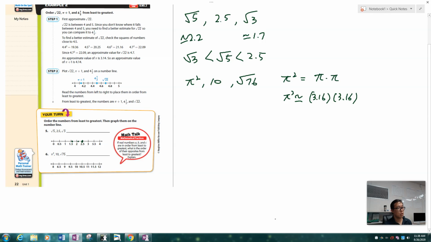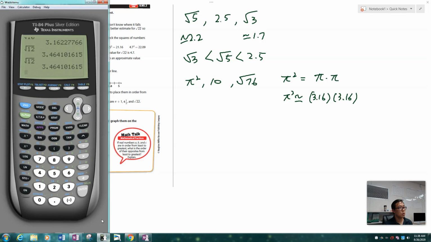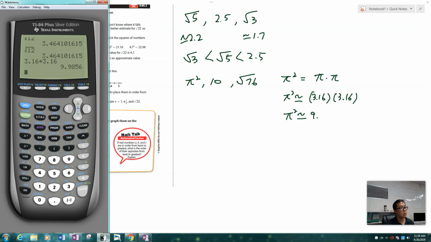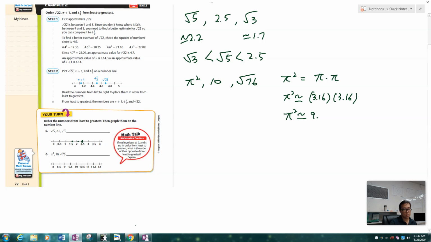So let's use the calculator. 3.16 times 3.16 is 9.9856. So let's write that. Pi squared is approximately equal to 9.9856. Okay, so that is that.